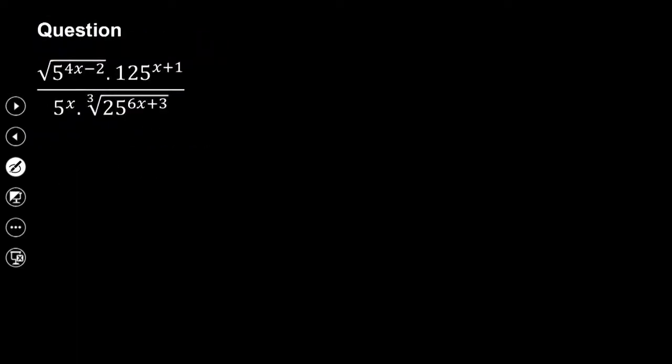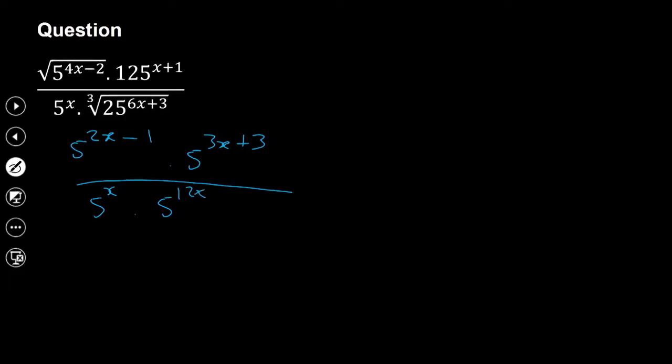This is going to give me 5 to the exponent of 2x minus 1 multiplied by 5 to the exponent of 3x plus 3, all over 5 to the exponent of x multiplied by 5 to the exponent of 12x plus 6, and then this is multiplied by 1 over 3. Remember that.